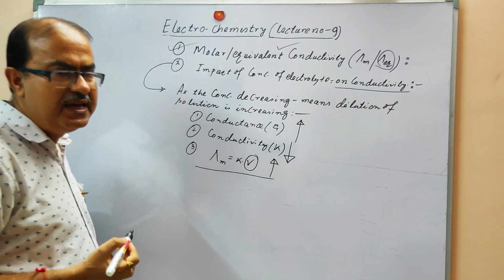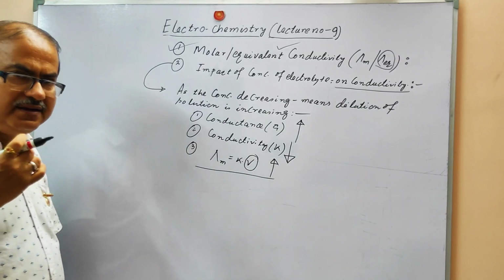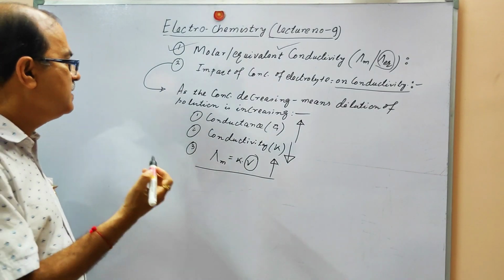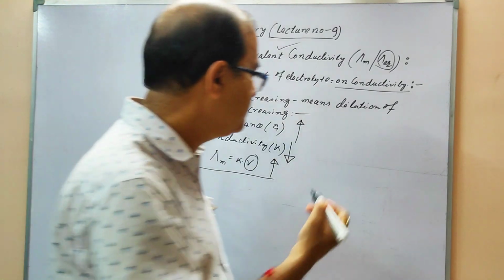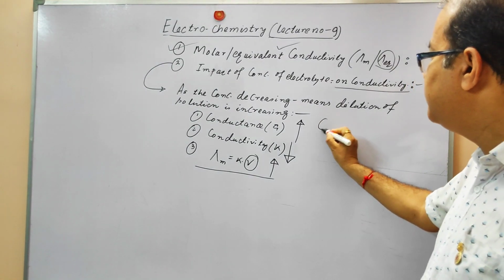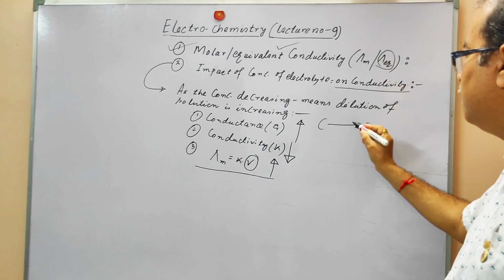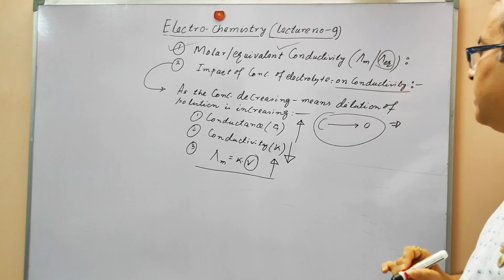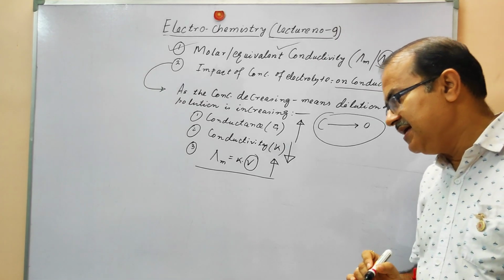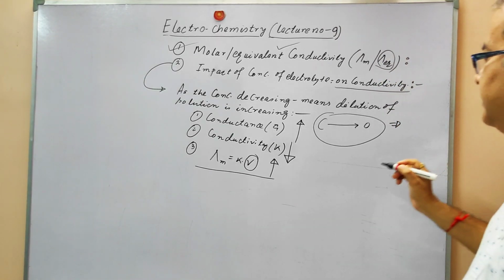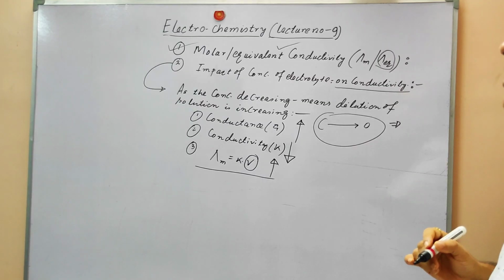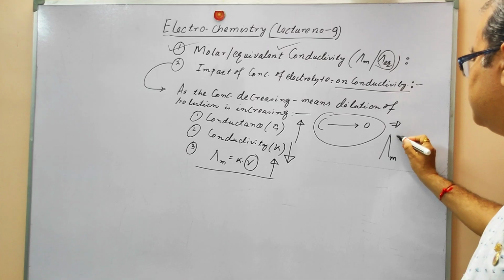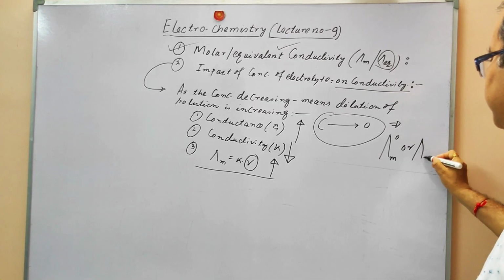As we go on increasing the dilution, when the concentration C tends to 0, at that time the molar conductivity is called the limiting molar conductivity, and that is represented by lambda m0 or lambda m infinity.